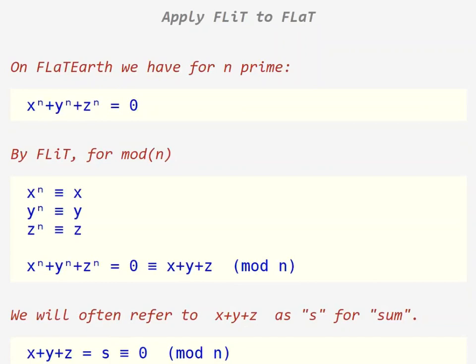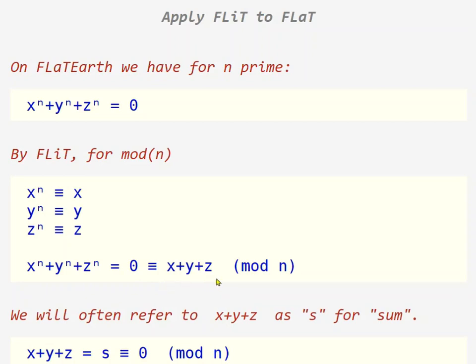Now applying FLIT to flat Earth. On flat Earth we have, for n prime, this new symmetrical arrangement, but by Fermat's little theorem, for mod n, x to the n is x, y to the n is y, etc. So x power n plus y power n plus z power n, which is 0, is x plus y plus z mod n.